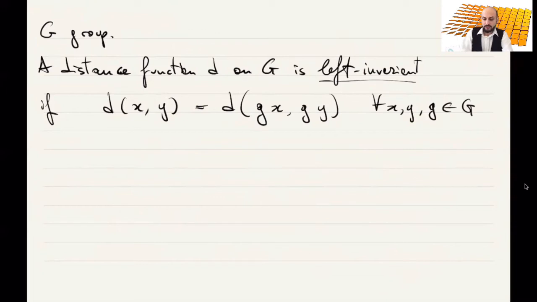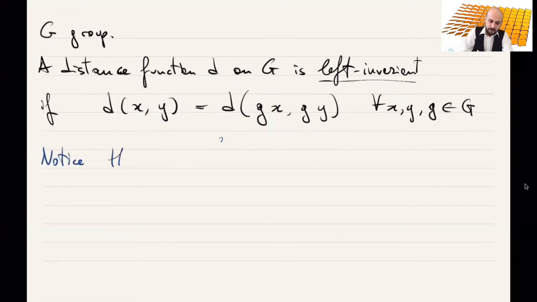Now, we are considering left translations. So the map that to x associates gx is called left translation by g. These maps are isometries. Moreover, notice that via left translations, you can send any point to any other point.